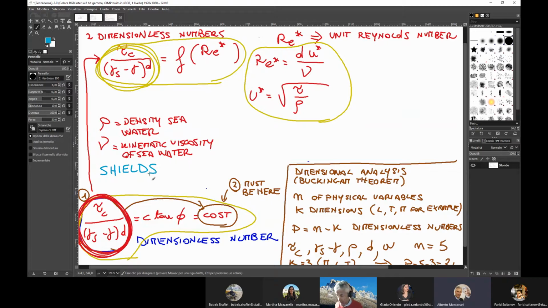This guy, in around the 1930s, made a series of lab experiments to study precisely this number and the values it assumed. And in fact, this dimensionless number was called, and it's still called, the Shields dimensionless number.